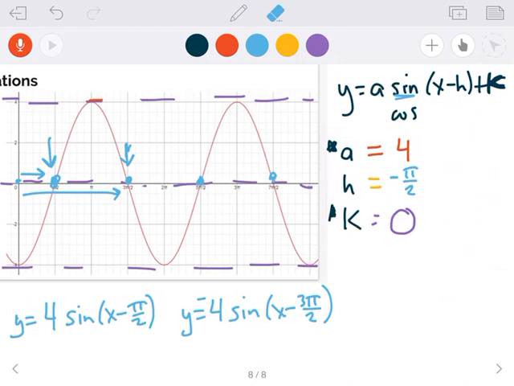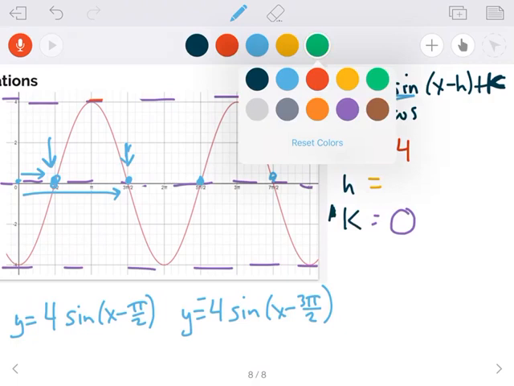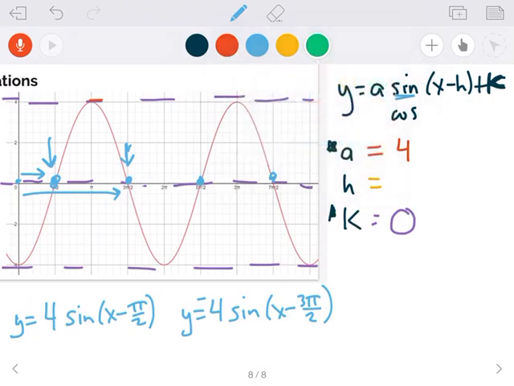So I'm going to erase this stuff, and we're going to use green for cosine. A cosine graph, if you remember, starts at a high point, goes down, and then ends at a high point. That's a complete cycle of cosine. So if we're looking at high points on this graph, we're looking here at pi, and here at 3 pi.